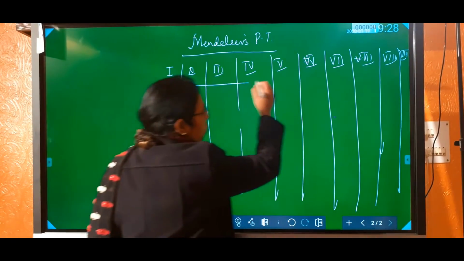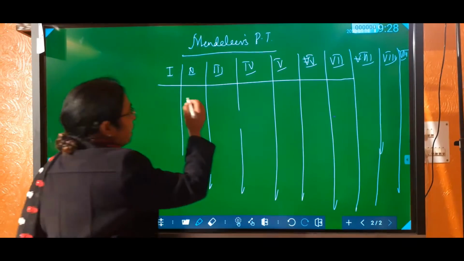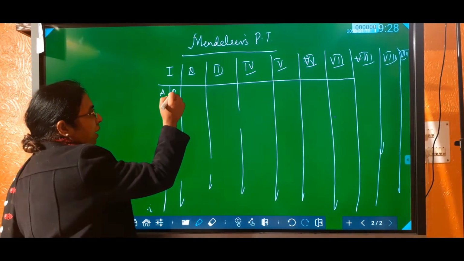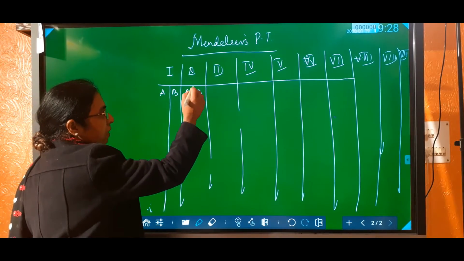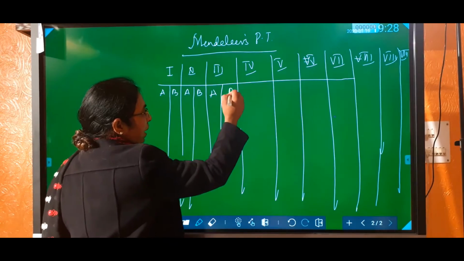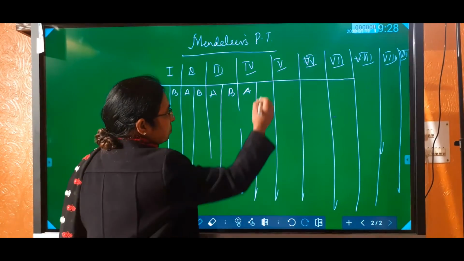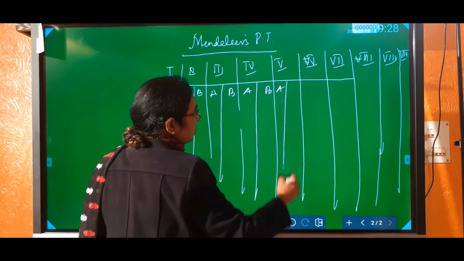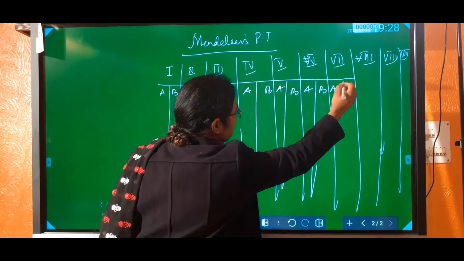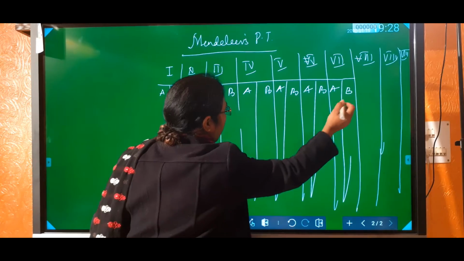The groups 1 to 7 are again subdivided into A and B. Like this way it is divided into A and B.